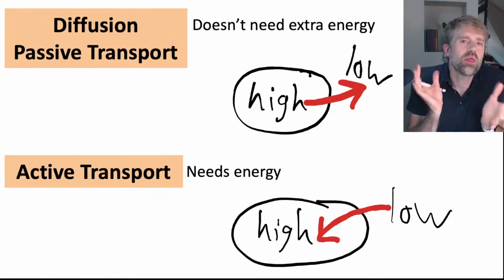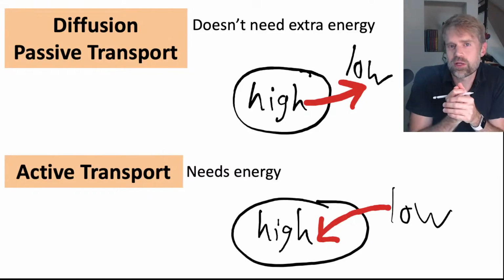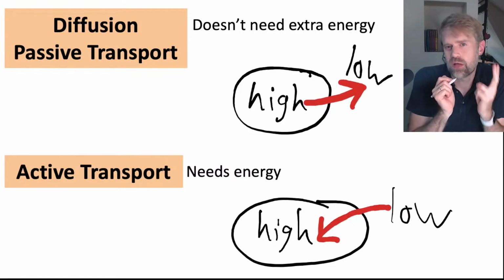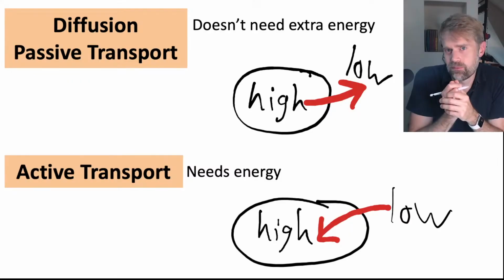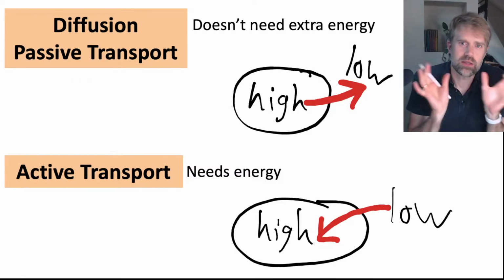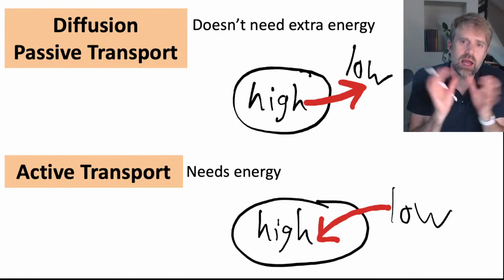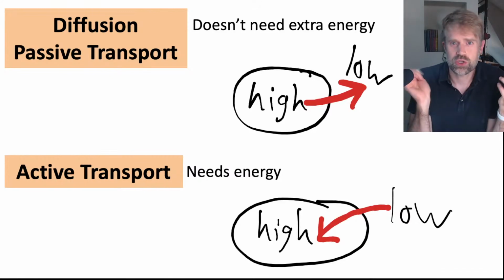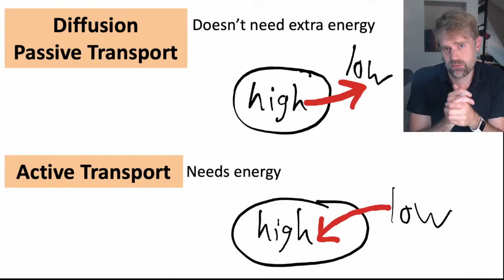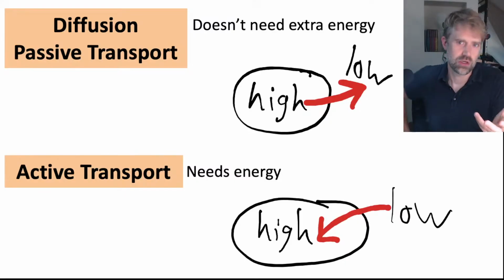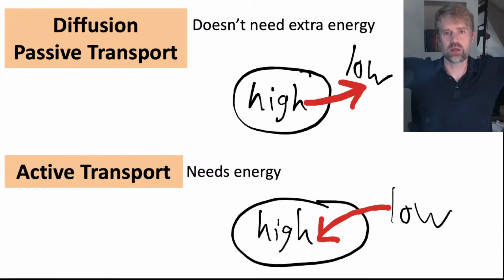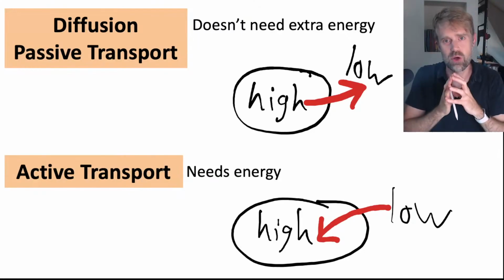So to go all the way back to my earlier example with the guy smoking a cigarette in the bar, I said that the smoke is going to naturally spread out from high concentration to low concentration on its own. Okay? You could imagine a situation where you could collect all that smoke and concentrate it back into a very small area.